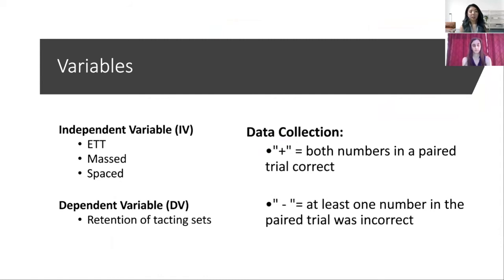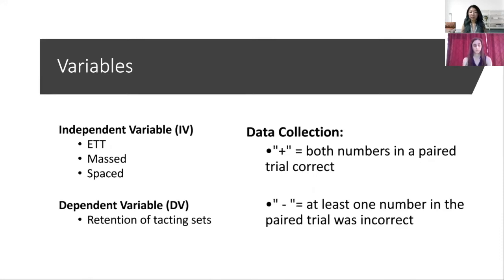When we were collecting our data, we would mark a plus if both numbers in a paired trial were correct. So if there was a left-facing arrow that was tacted correctly and a right-facing arrow that was tacted correctly, then that trial was marked with a plus. We would mark a trial with a minus if at least one number in the paired trial was incorrect.